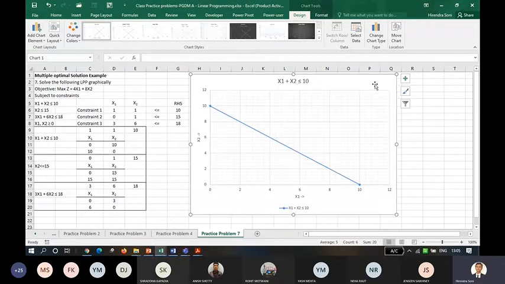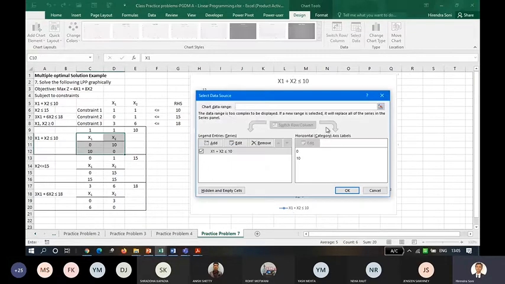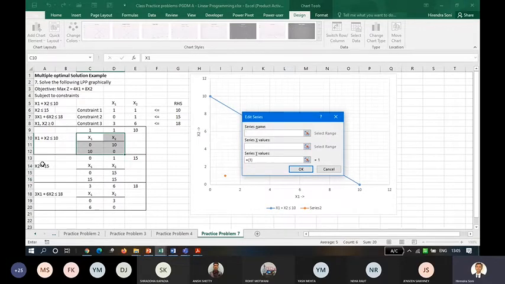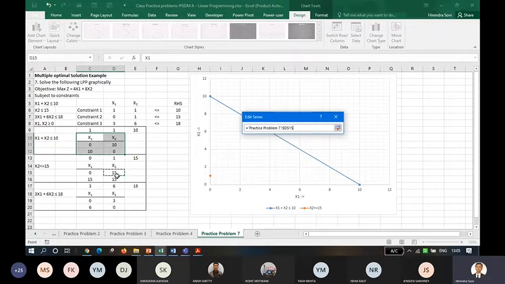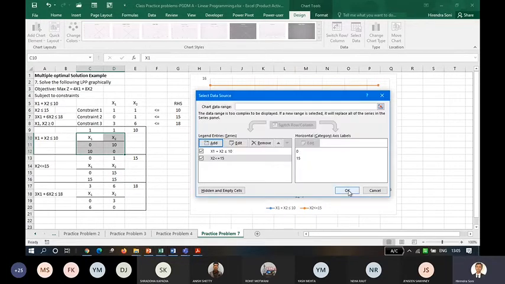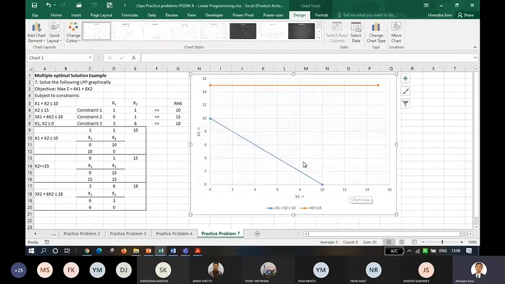Now let's add the second equation, which says x2 is less than or equal to 15. The x values are these and the y values are these. So now what are we actually talking about? x2 less than or equal to 15.